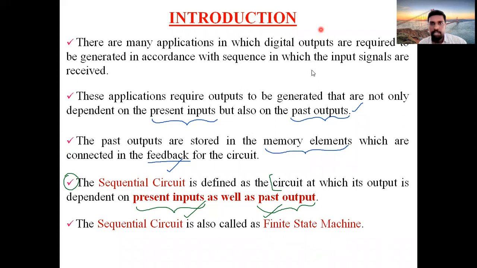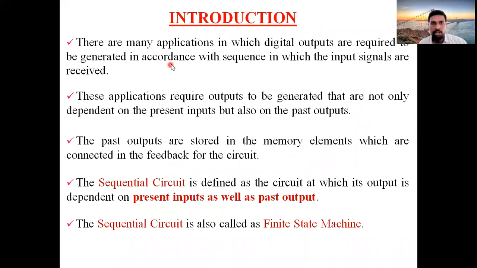So these are the important points you need to remember. The first point is that in some applications of digital circuits, it is necessary to store the previous outputs. That means the output depends not only on the present inputs, but also on the past outputs. In order to store the past outputs, we use memory elements, and these memory elements are connected as feedback for the circuit.